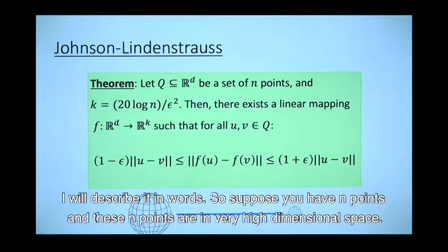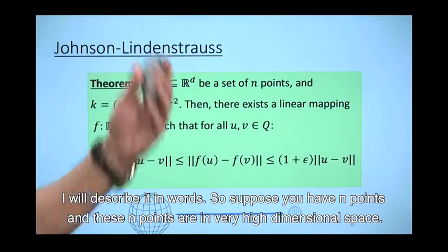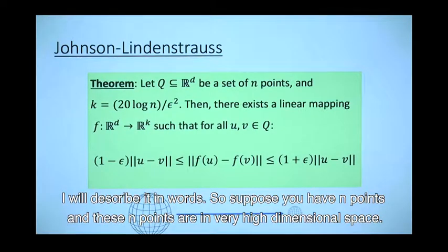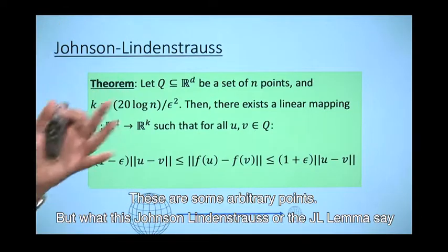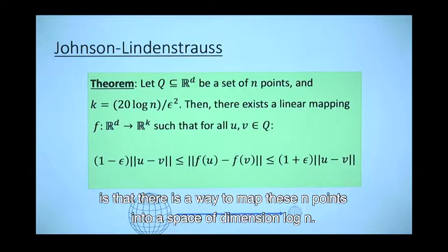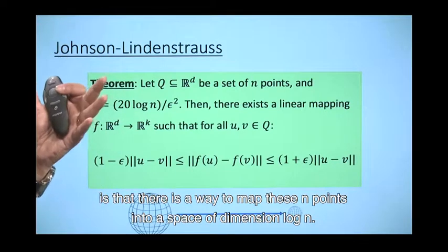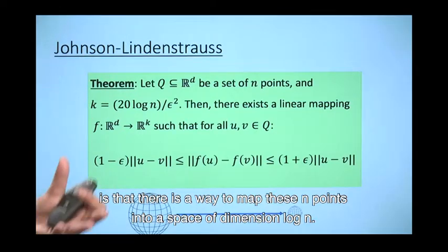I will describe it in words. Suppose you have n points, and these n points can be in a very high dimensional space, I do not really care. These are some arbitrary points, but what this Johnson-Lindenstrauss or JL lemma says is that there is a way to map these n points into a space of dimension log n.